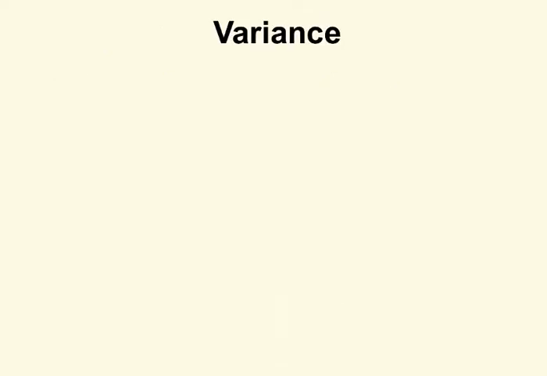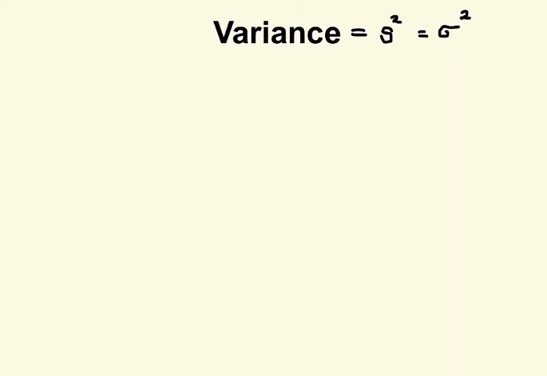So let's take a look. When we talk about variance, we say it is equal to s squared. That's how we write variance. It is the standard deviation squared. Or, if we're talking about a population, it's sigma squared.